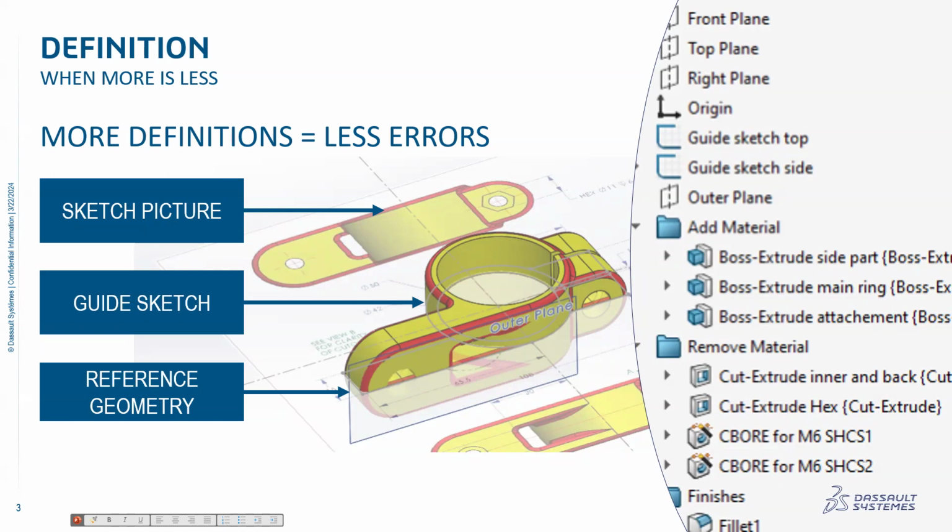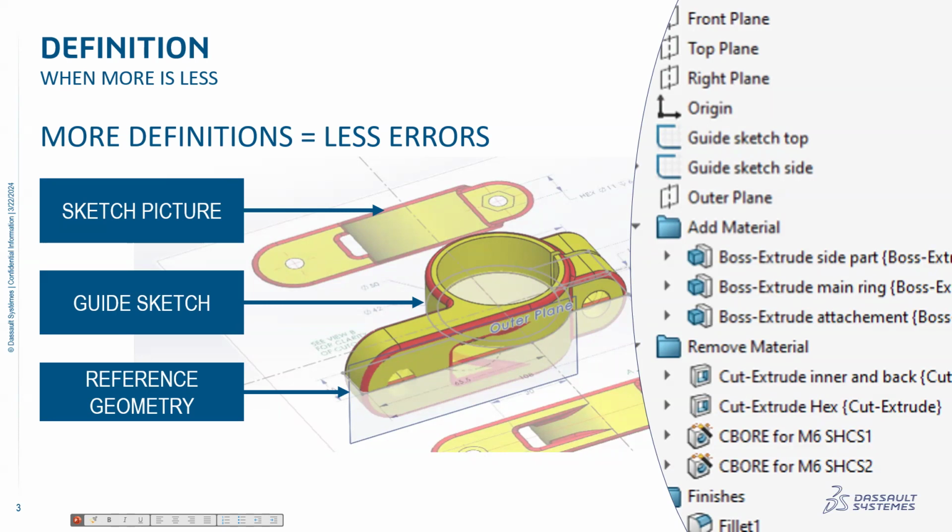And while this was partially correct, it led to a trend which is not good at all. People started skipping things which are important. And these are guiding sketch, reference geometries, and sketch pictures. When you skip these parts in your feature tree, this is going to lead to a model which is unstable.